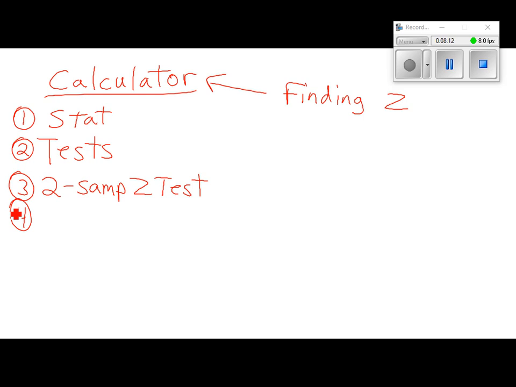X bar 1, X bar 2, N1, N2, then what? Sigma 1, Sigma 2? Yes. Anything else? Or is that all 6 of them that they want?